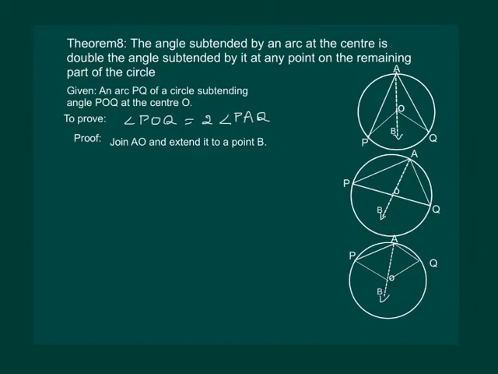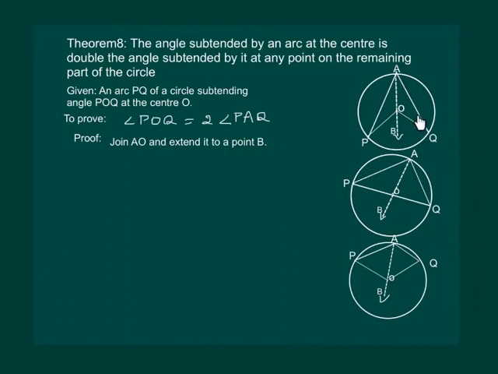Now look at triangle AOQ. For this triangle, angle BOQ is the exterior angle, and we know that the exterior angle of a triangle is equal to the sum of the two interior opposite angles.